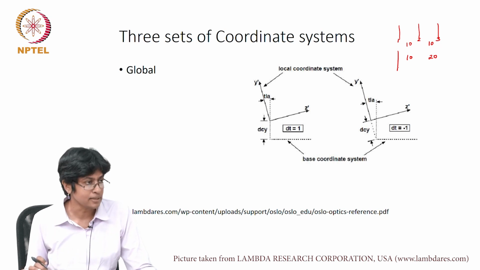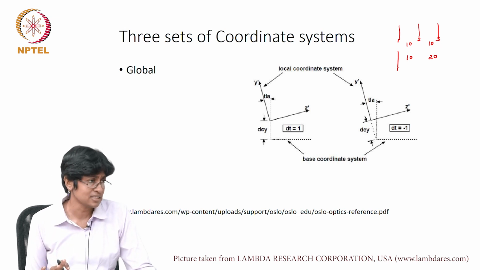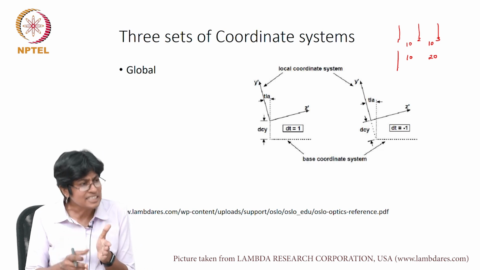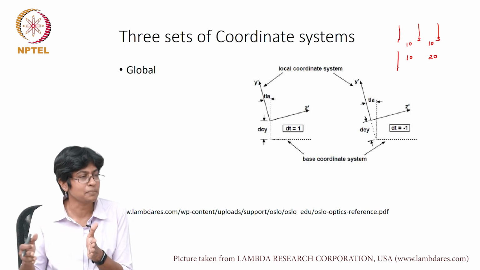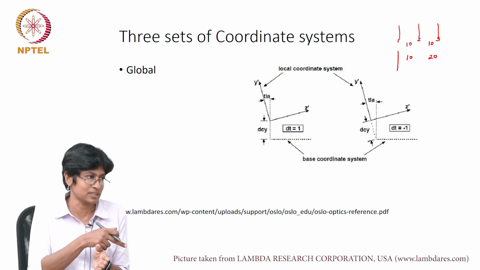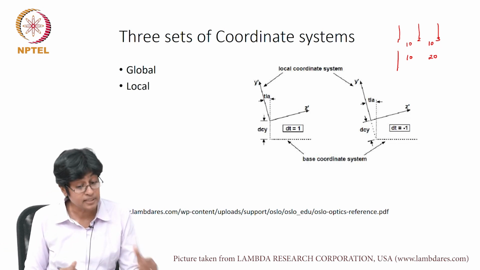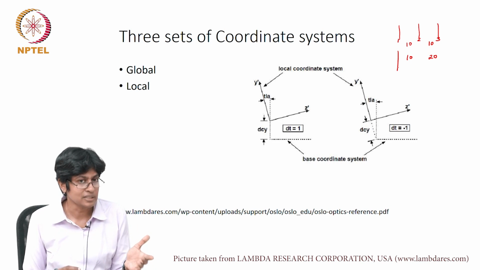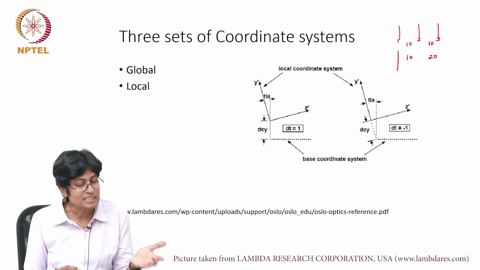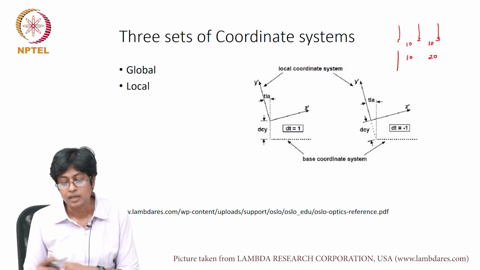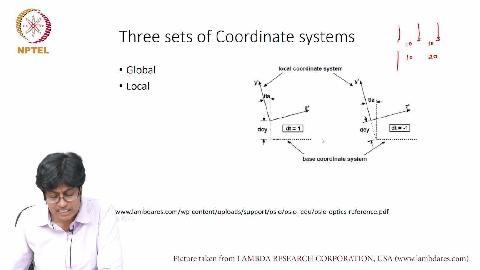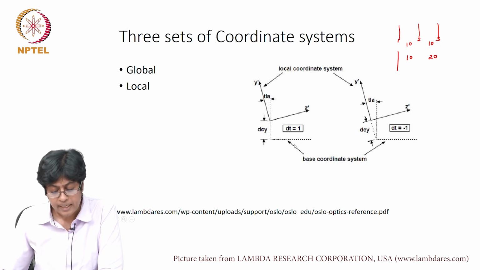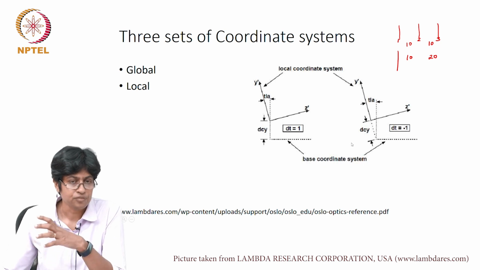It's easy to understand. It's actually not the easiest system to use, because it's easier to make measurements along the optical axis. It's easier to make measurements with respect to the previous surface. Okay, so that's why the default coordinate system that you have been using, though you might not have been aware of it, is the local coordinate system. Now, if you look at these 2 figures over here, the dashed line shows you the y and z axes of some element.